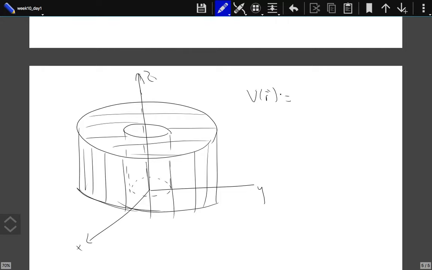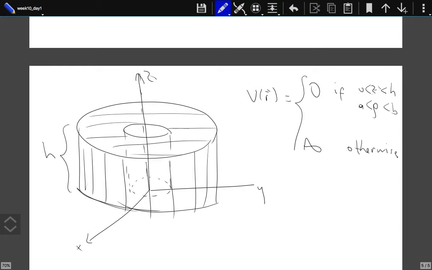The potential, let's say the height is h, V of R is 0 if z is between 0 and h and rho is between a and b, and infinity otherwise. So there is this confining, bounding potential.